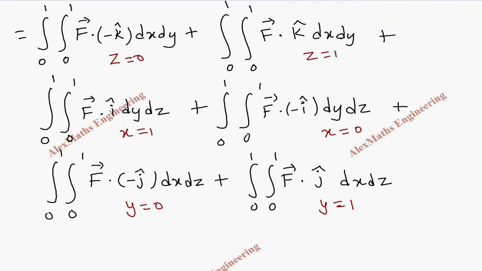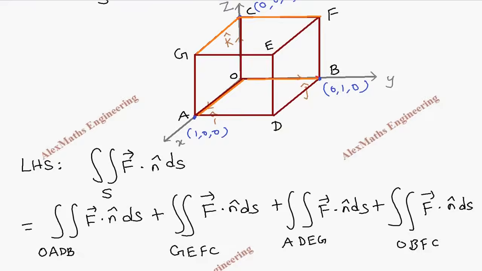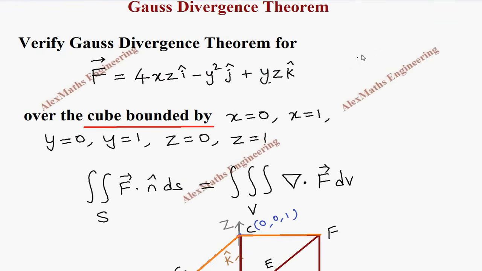Now let's calculate each part separately. Taking the first one, I will take it as I1. We have double integral over 0 to 1, 0 to 1, f dot minus k cap. So when we do the dot product f dot k, we are left with only the yz term, and it is minus k.